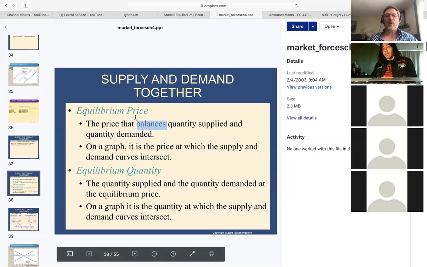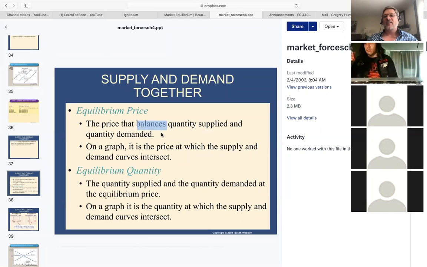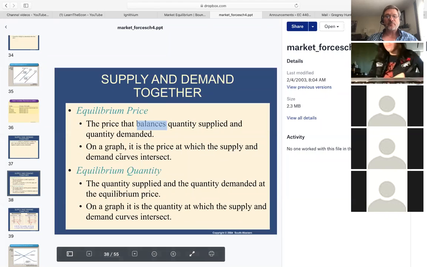When we talk about the equilibrium price, we're saying there's this price that balances the quantity supplied with the quantity demanded. All we mean is that at that price, everybody that wants to make a purchase at that price can make one, and everyone that wants to sell a unit of the good at that price can sell it. So quantity demanded and quantity supplied are equal.